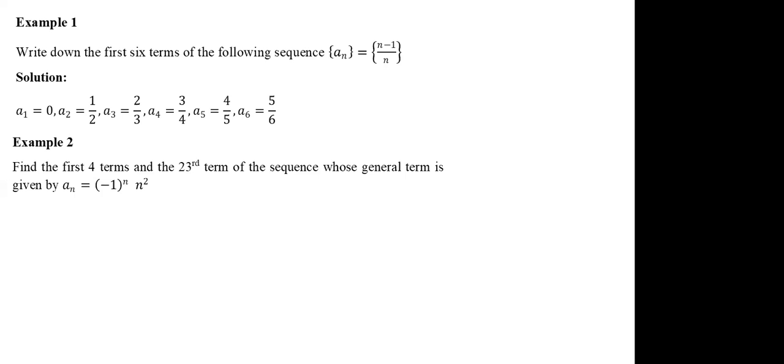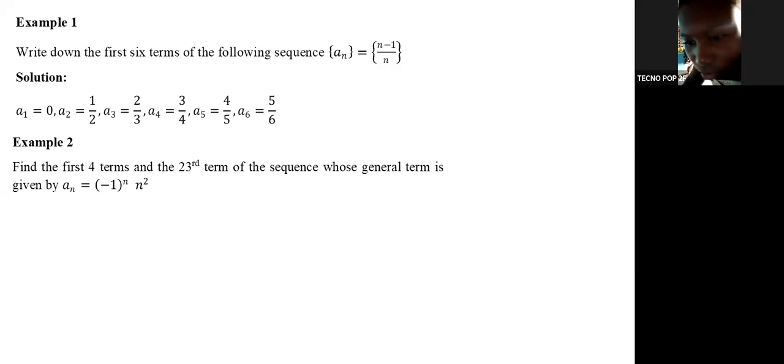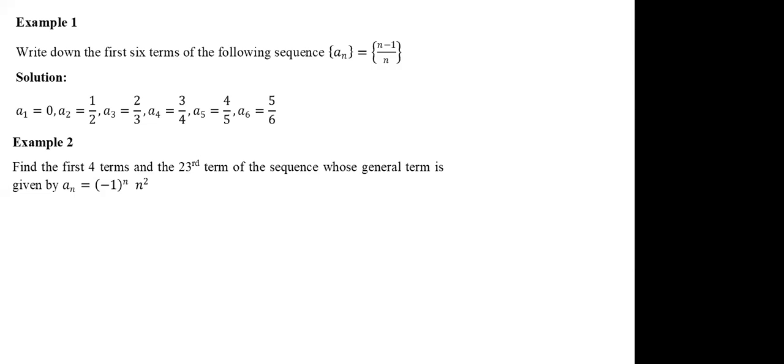Now, when n is equal to 2, let's look at it together. We are going to have minus 1 raised to power 2 times 2 raised to power 2. Whenever you are raising a negative value, if what you are using to raise it is an even number, your result will be positive.